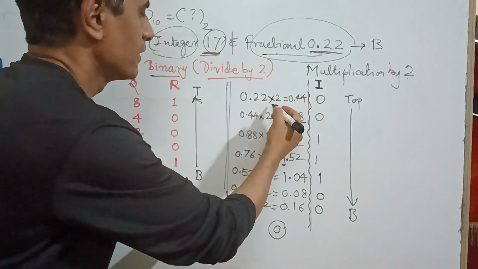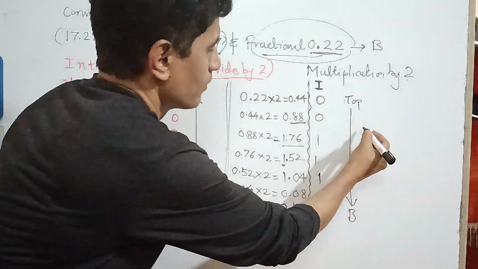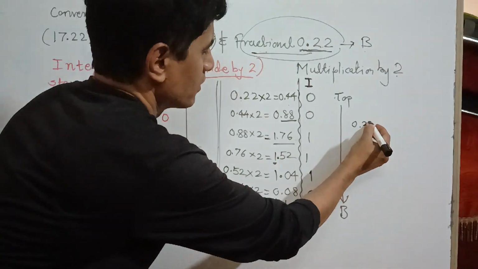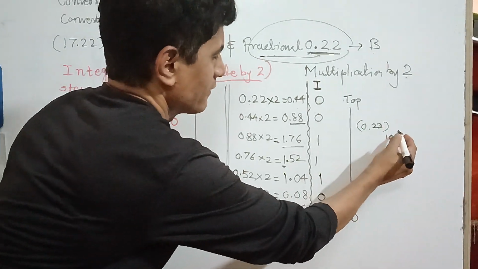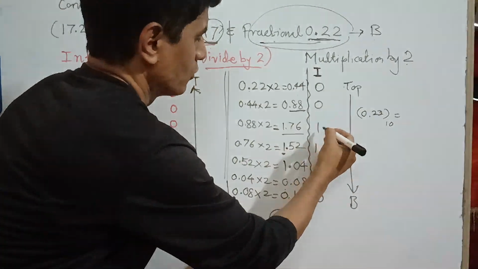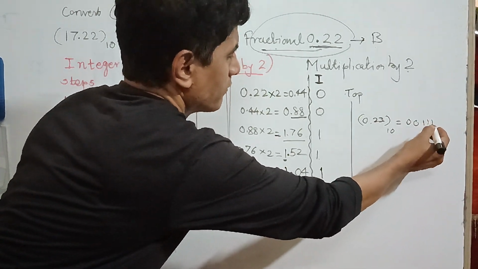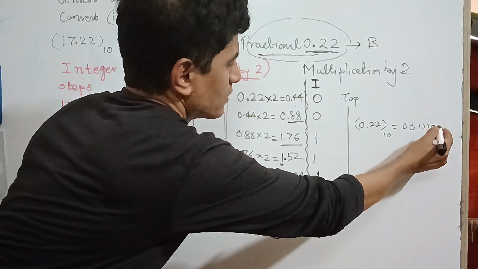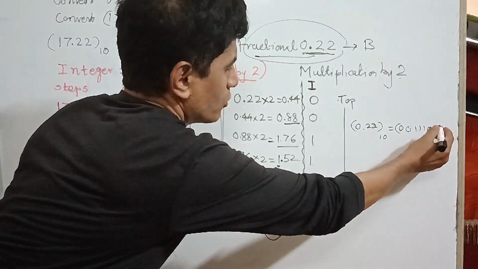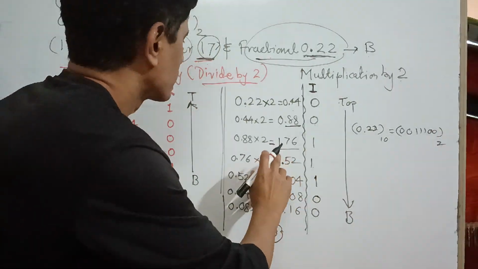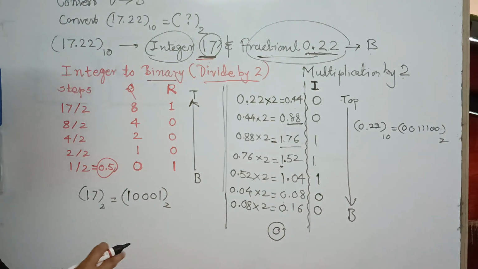For this case we can write 0.22 to the base 10 is equal to 0 0 1 1 1 0, dot dot dot, to the base 2. And therefore finally you can write the final answer.